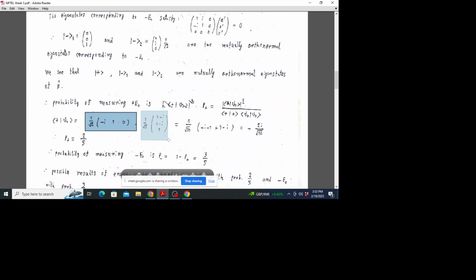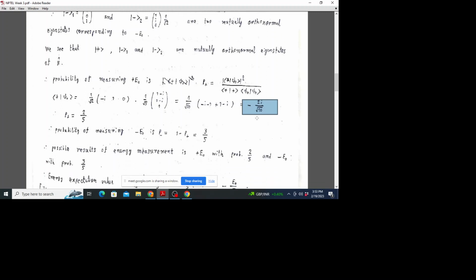Now you have to take the inner product, of course, to calculate the numerator. Our plus state was 1, i, 0 in the column form, and we need to find the corresponding bra, which will be 1, minus i, 0, and psi naught as given in the question.